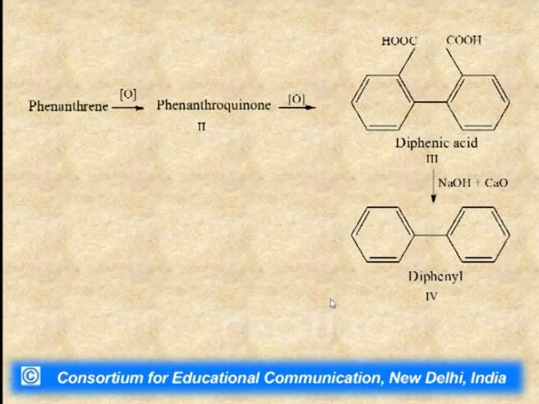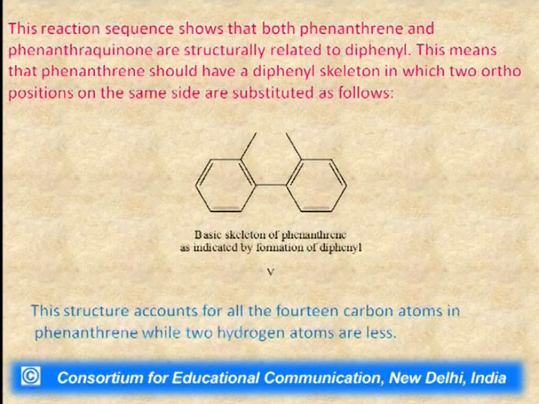This reaction confirms that phenanthrene and phenanthraquinone, whose structure we don't know, should have at least these two benzene rings together with a covalent bond in between them. So from this oxidation reaction, we can see that the basic skeleton of phenanthrene should be indicated by this structure, by the formation of diphenyl and these two hydrogens at the ortho position.